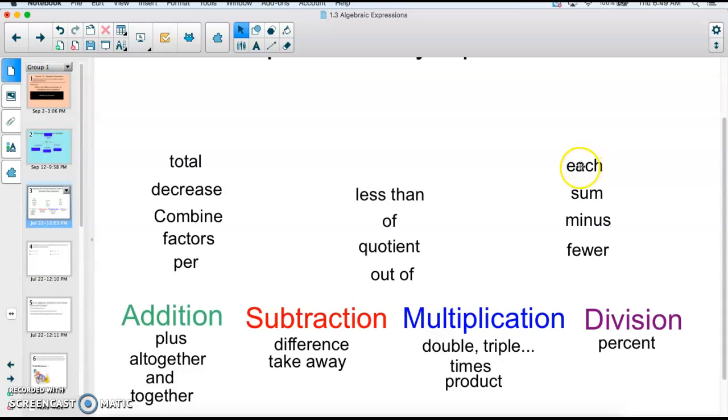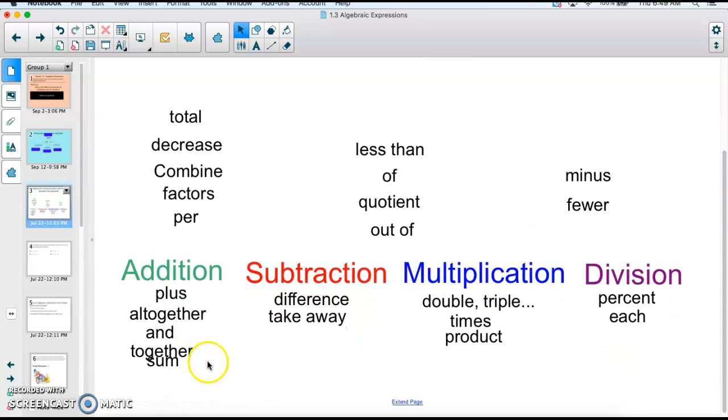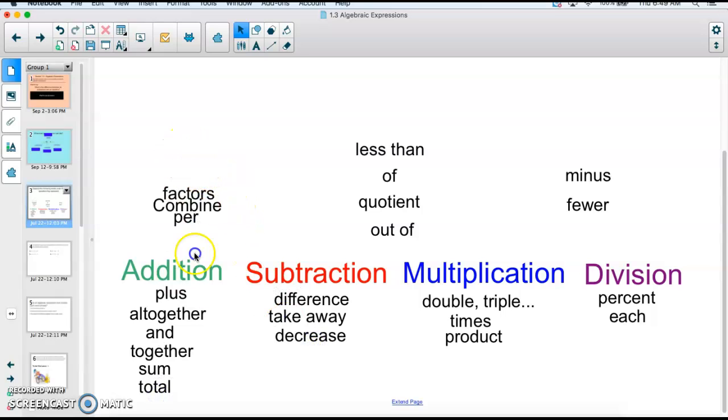Each, if you spend $5 and they were 40 cents each, you're going to be dividing. Sum is addition. Total would also be addition. Decrease, subtraction. Combine would be addition.